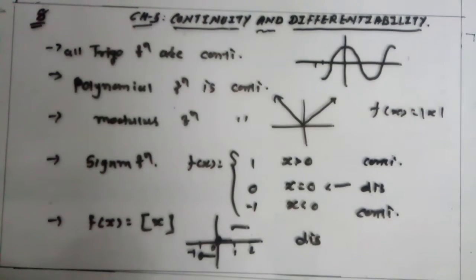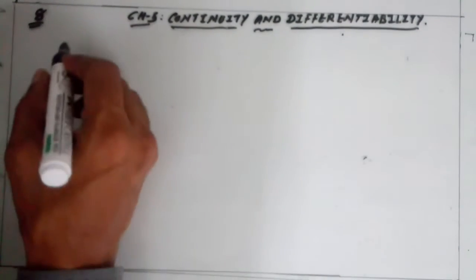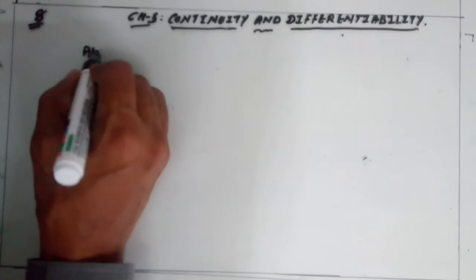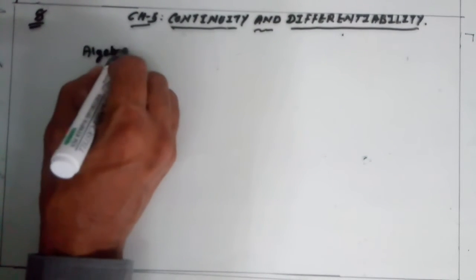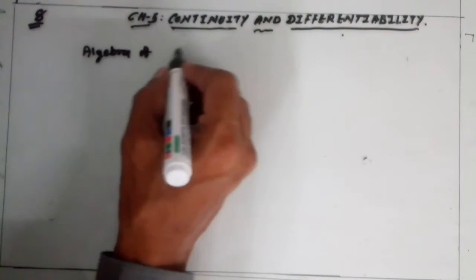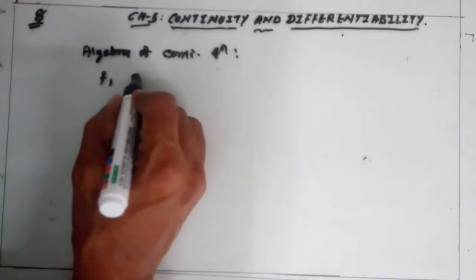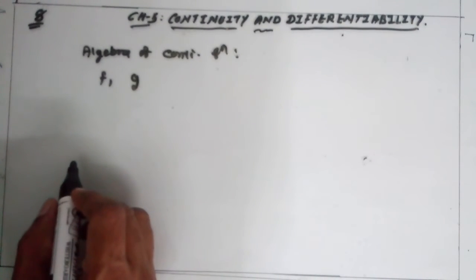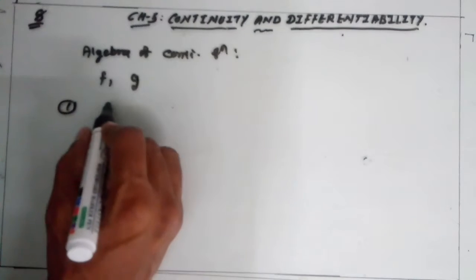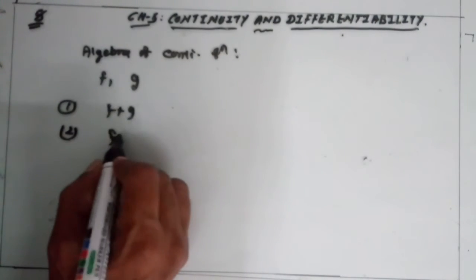Now, algebra of continuous functions. If f and g are continuous, then first, f plus g is continuous. Number 2, f minus g is also continuous.